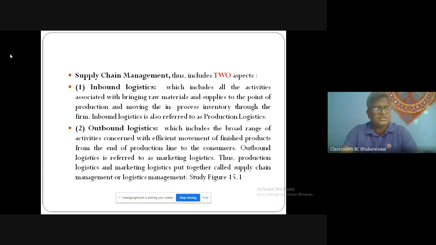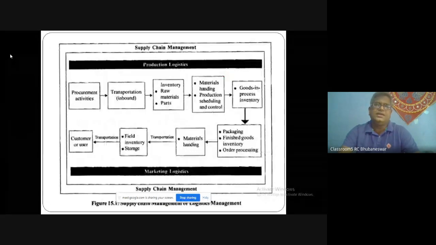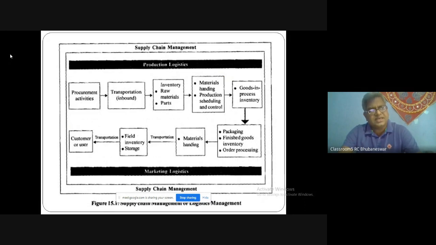Meaning in which way the finished product can be sent to the customer. Inbound is production logistics, outbound is called marketing logistics. It means the finished product is sent to the customer's doorstep or product line to the customer. That is called outbound. You look at my PPT and you see procurement is there, transportation, that is also inbound, means conversion of raw material into finished goods.